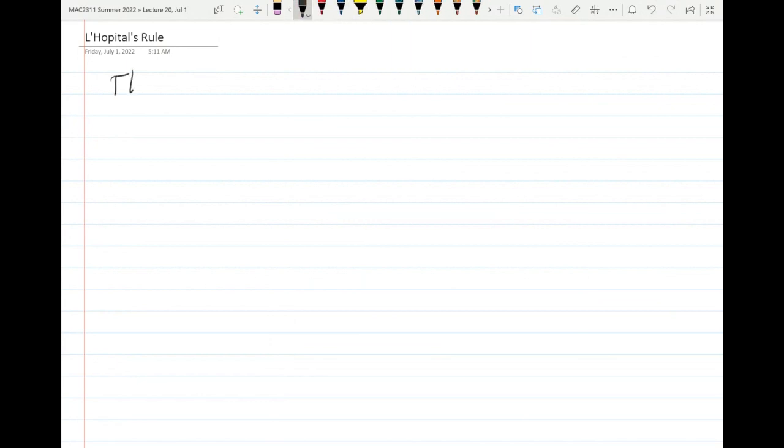All right, so theorem, this is L'Hopital's. So L'Hopital's rule, here's what it says. So suppose that you have two functions.